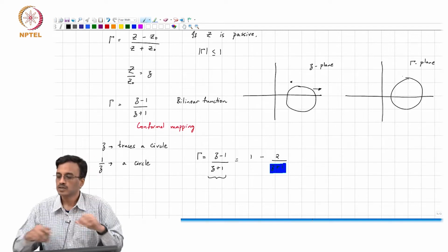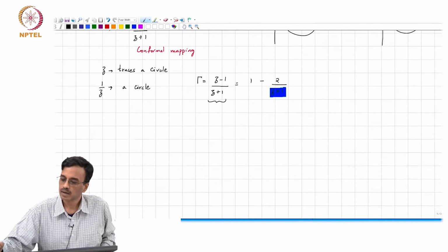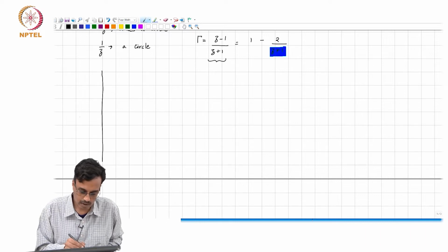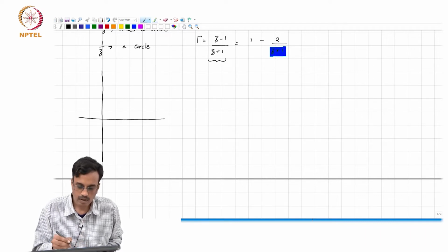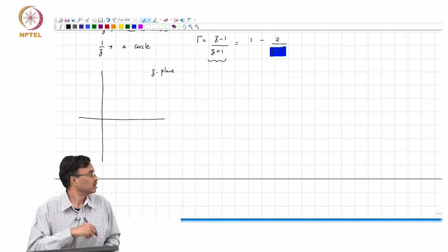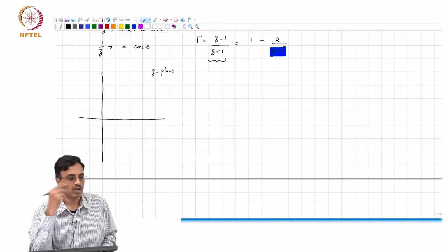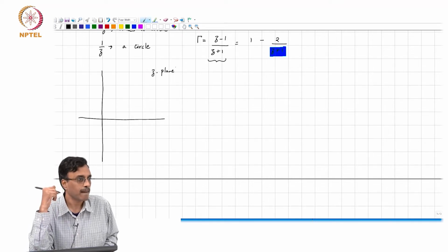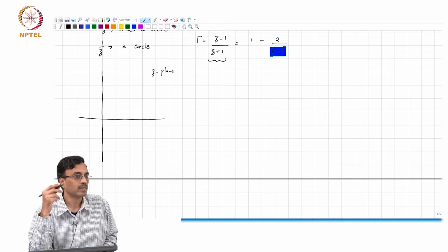All right. So, with this background, let us see what happens when we have a passive impedance. If you have a passive impedance, where is the locus of all possible impedances?